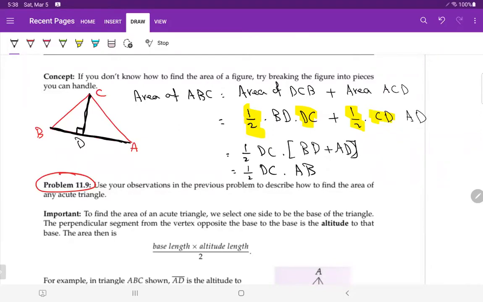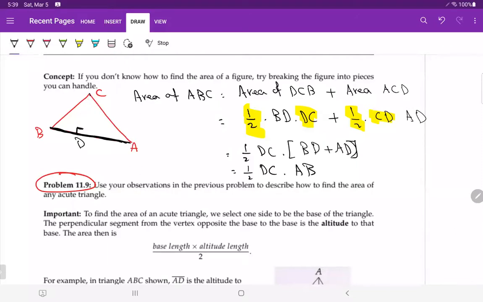So this is the way the base and height have been created for the triangle. The idea of the base and the height has been created from here. Now we can talk about the altitude or the height and the base. If you do it in a different way, for example, erase this and divide the triangle into two triangles by having a right angle from here, you will come up with the same thing.